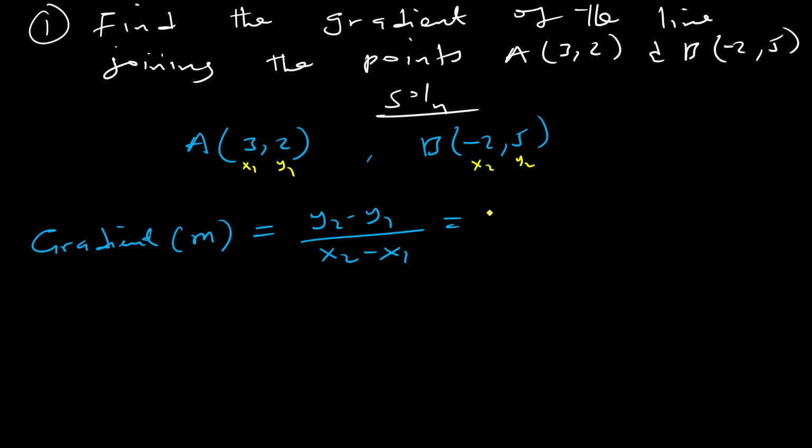So y2 as 5 minus 2, x2, minus 2 minus 3. So we have 3 on minus 5. Okay, so the answer is minus 3 over 5. Okay, so that's that.